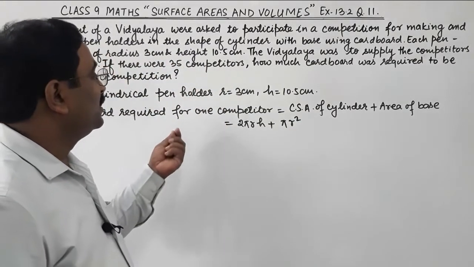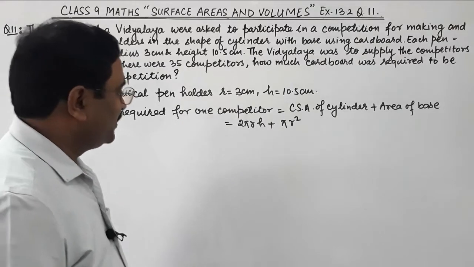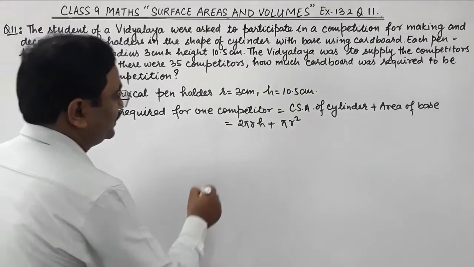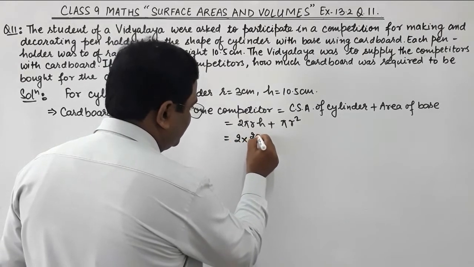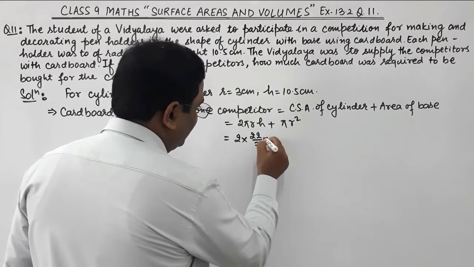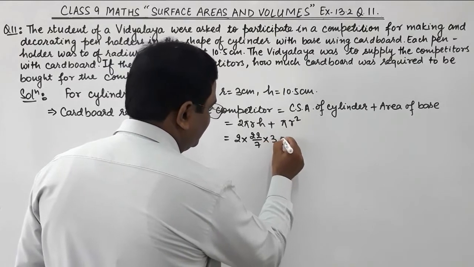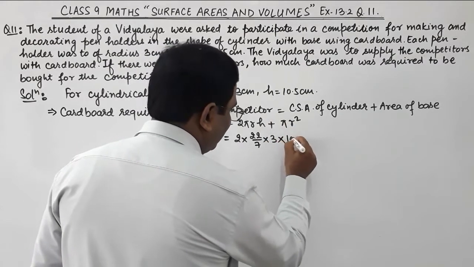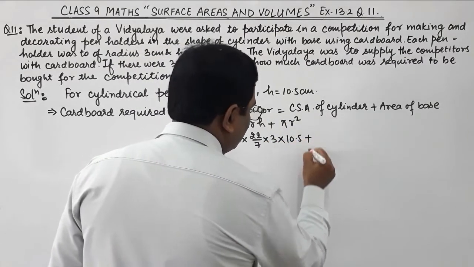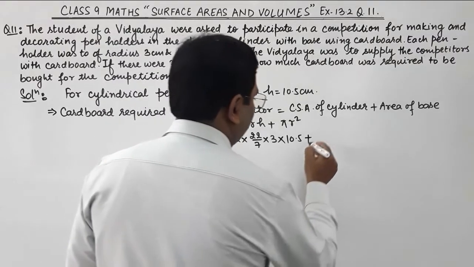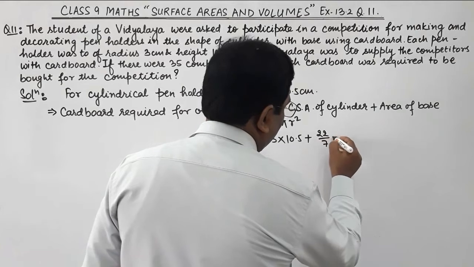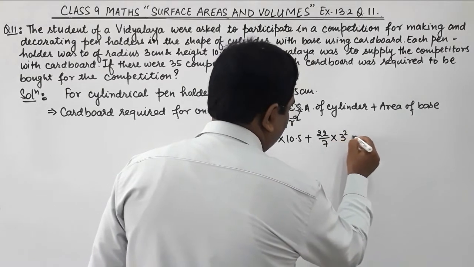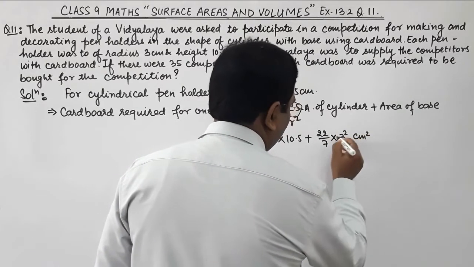Now substitute the values and simplify it. So 2 pi is 22 upon 7, radius is 3 centimeter and height is 10.5 centimeter, plus pi 22 upon 7, radius 3 squared, centimeter square.